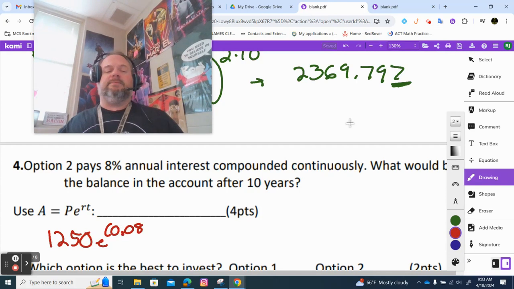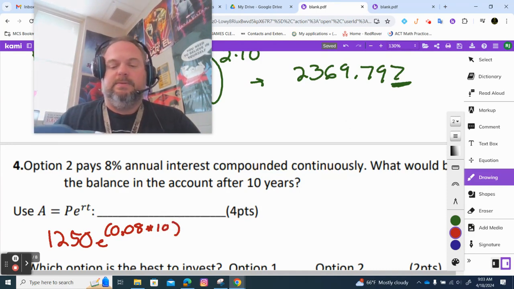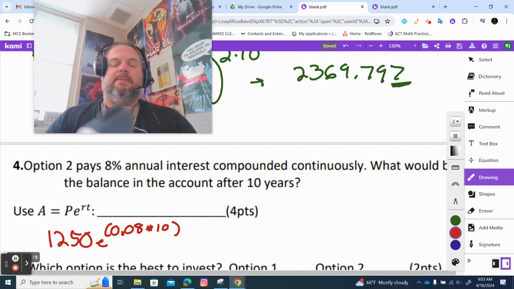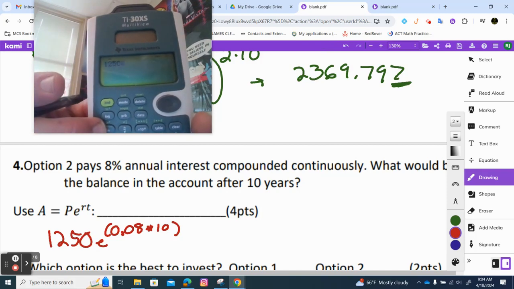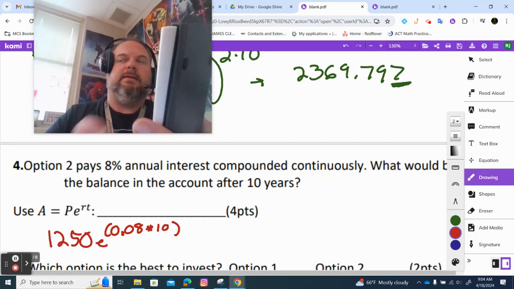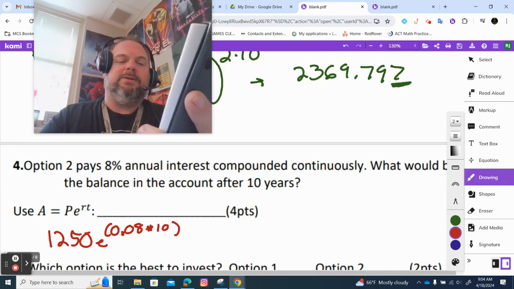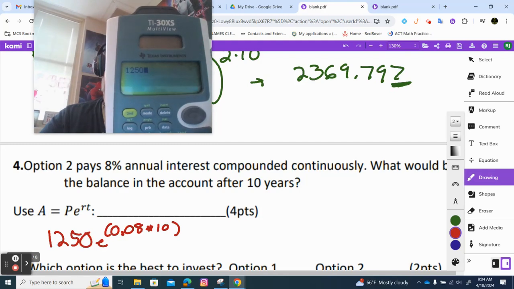It's right there. Okay, times T. This is our 10 years again. All right, so 1250. Second LN. 1250. All right, you got that part, right?